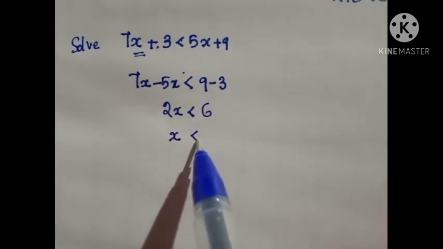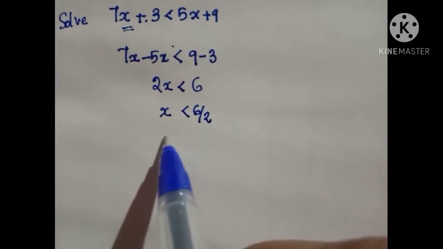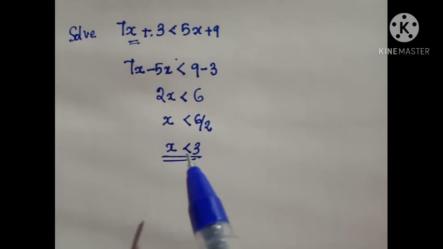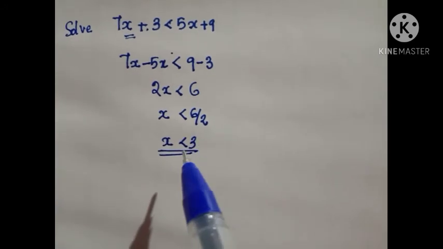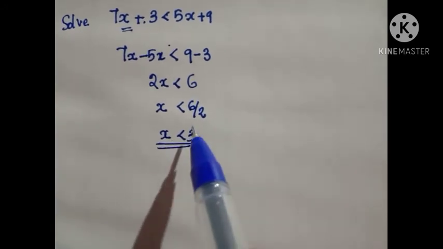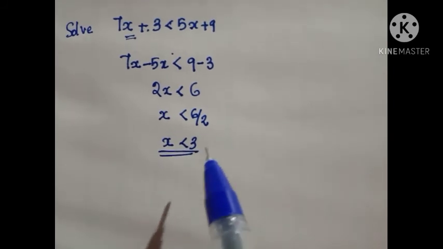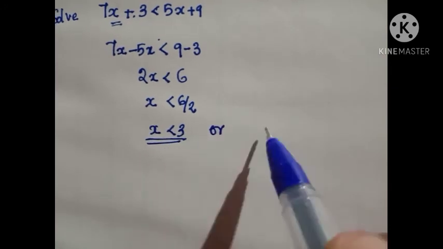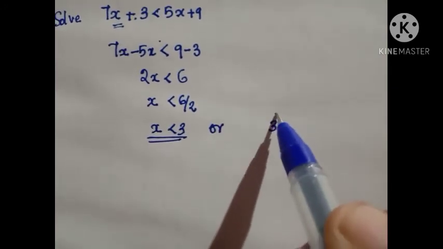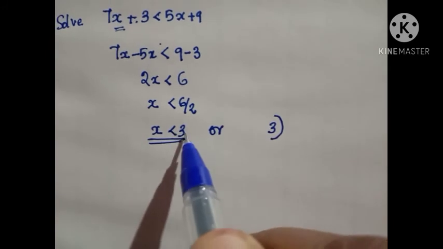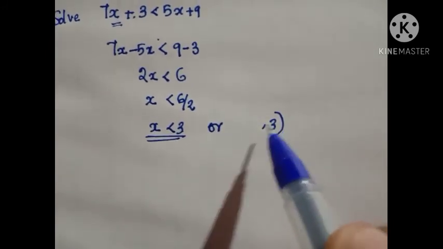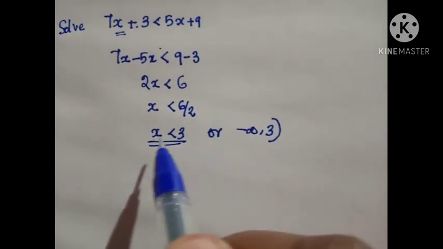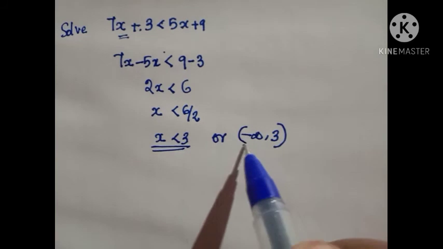So x is less than 6 by 2. That is, x is less than 3. So the solution is all the real numbers which are less than 3. Or we can write the solution set: the maximum value is 3 and excluding 3. We can't consider 3. It is strictly less than. And all other values less than 3 means 2, 1, 0 and all negative numbers, so up to minus infinity.